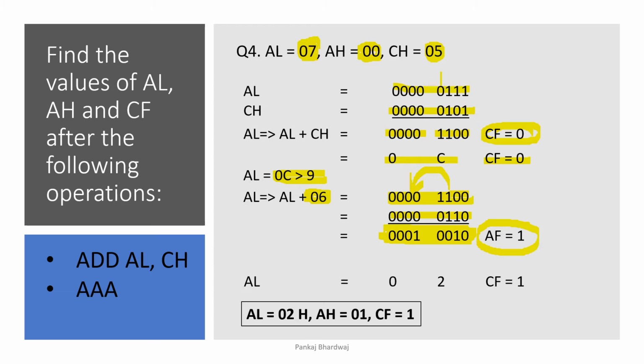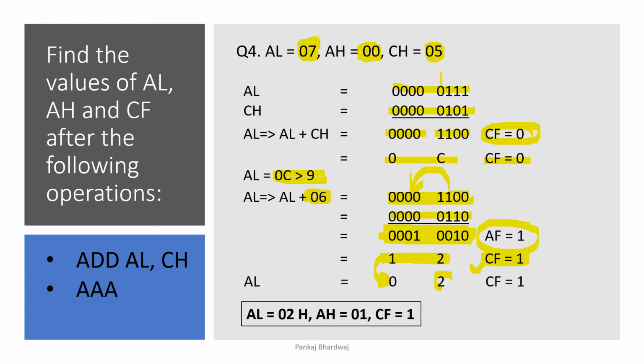It clears the upper nibble of AL. The result is 12, and the carry flag is set because we clear the value of the upper nibble of the AL. So this 1 will become 0, and because of that the carry flag is set.